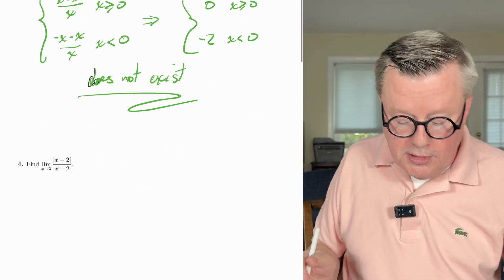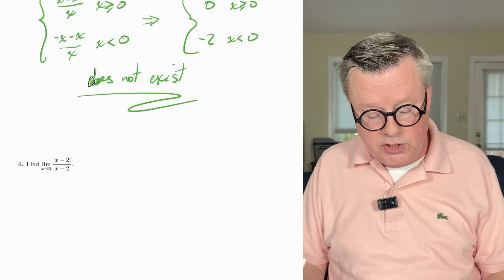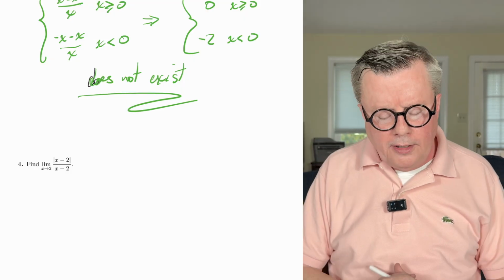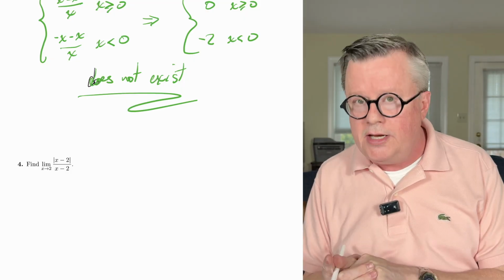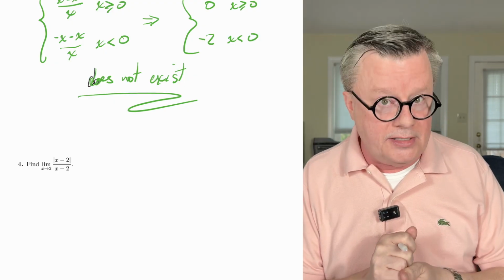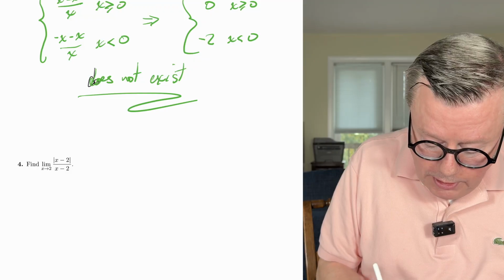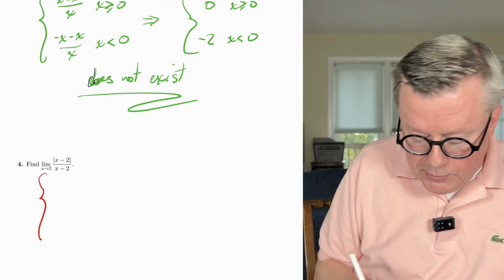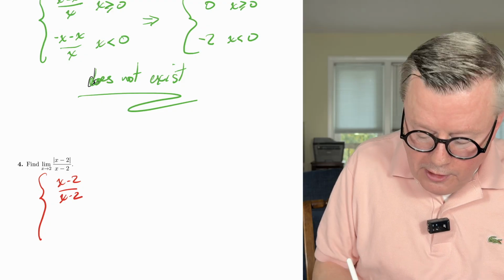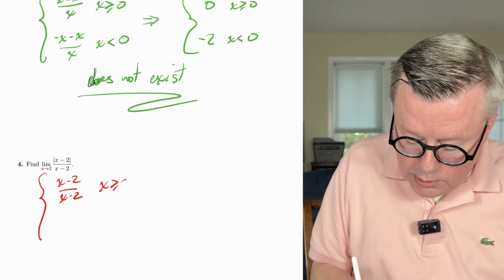We want the limit of absolute value of x minus 2 over x minus 2. Well, where does the absolute value change from being positive to negative? That is at x equals 2. So when I rewrite this, I'm going to write it as x minus 2 over x minus 2 for x bigger than or equal to 2.